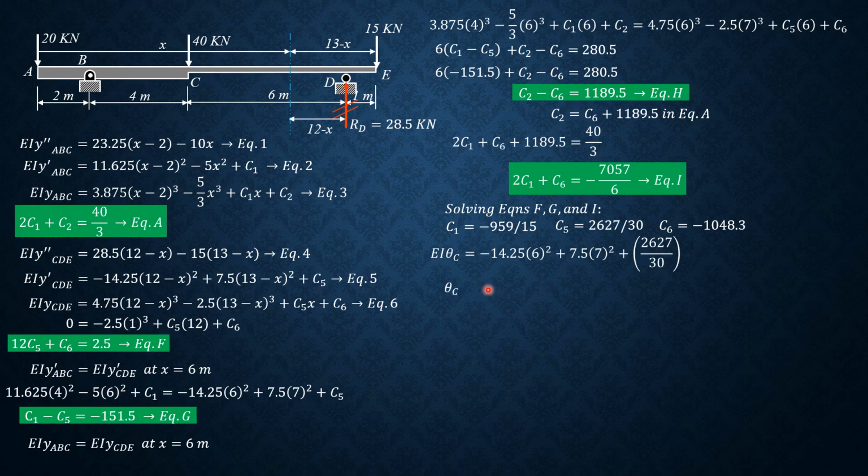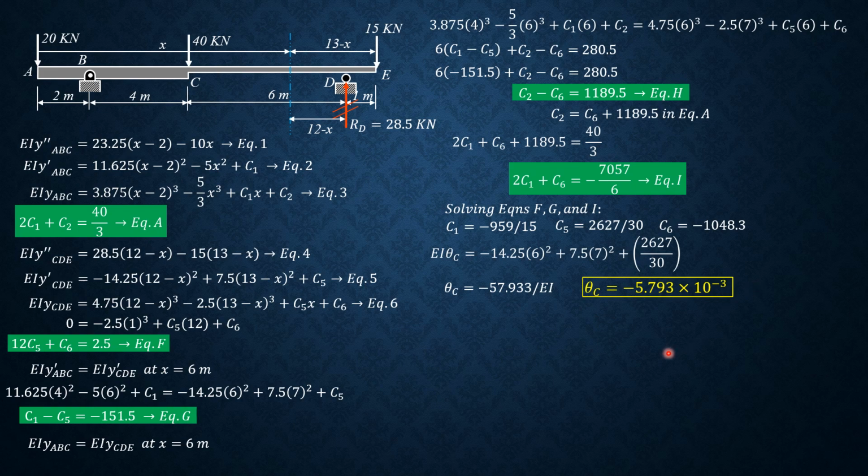So we expect theta C to be the same. Theta C is negative 57.933 over EI, which is the same as before. So divided by 100,000, theta C is negative 5.793 times 10 to the negative 3 radians. Or simply do not put the units.